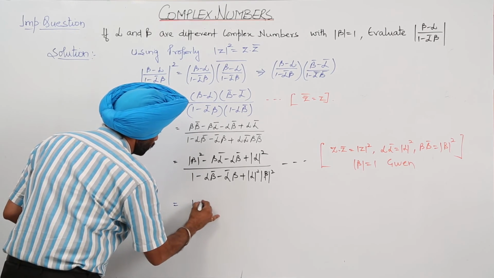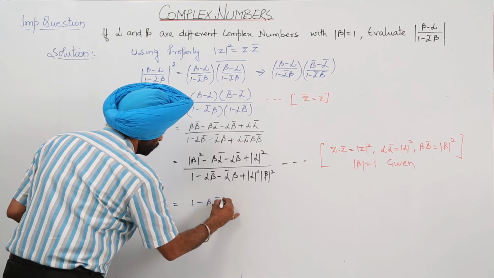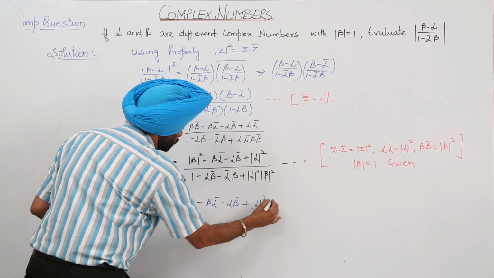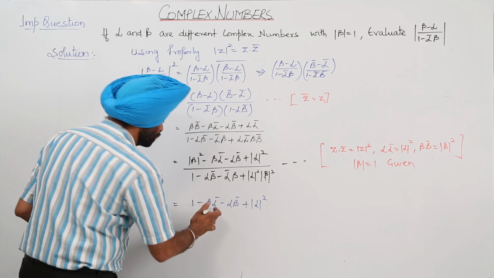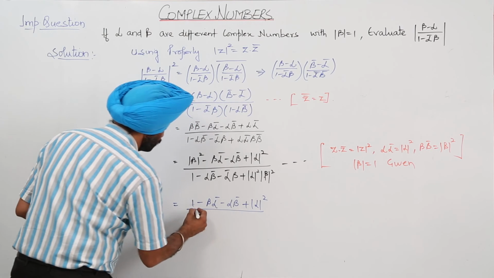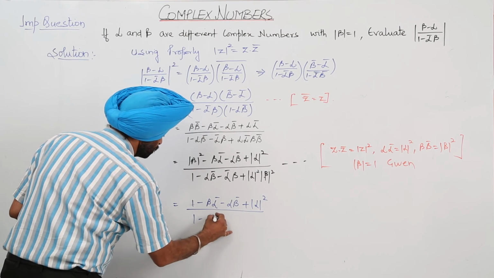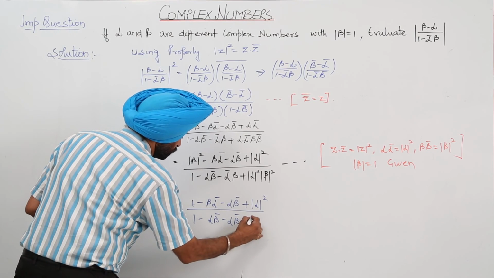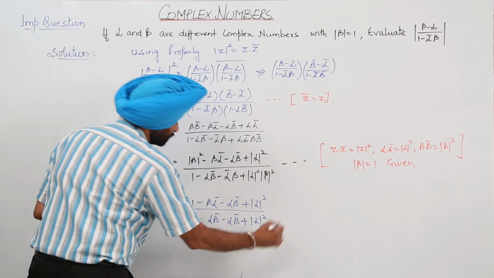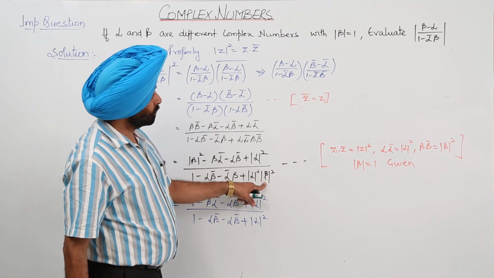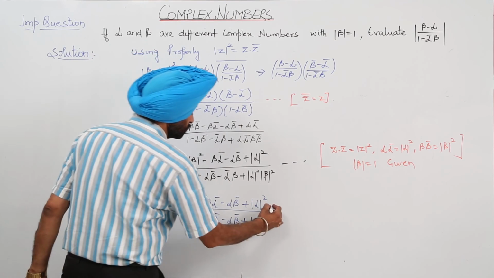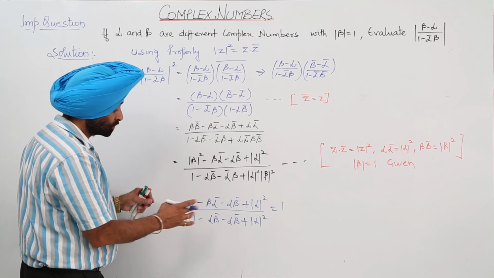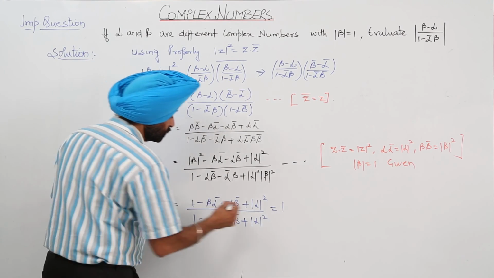This is equal to 1 minus, now we can't change this one, nothing is given to us, upon 1 plus, because modulus of beta is already 1, so this is equal to 1, same terms cancel. Okay, so we are having 1 as an answer, even you can write it like this.